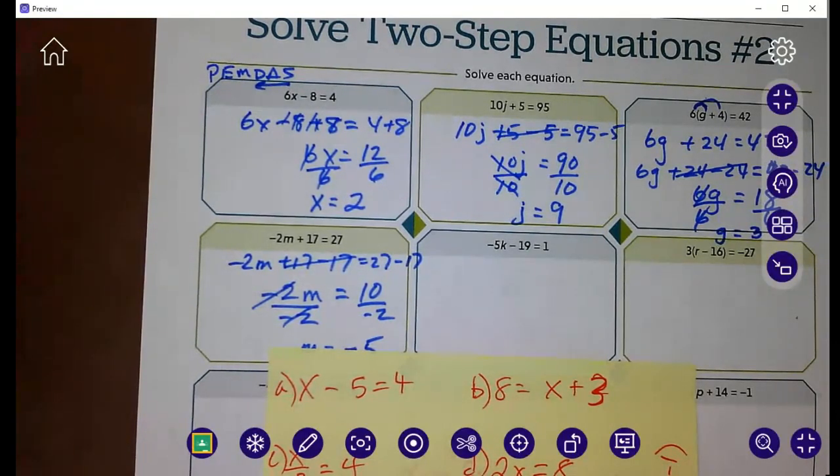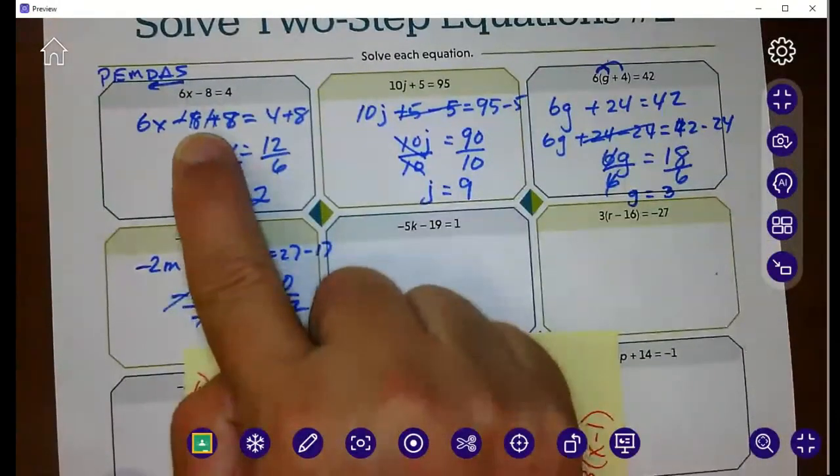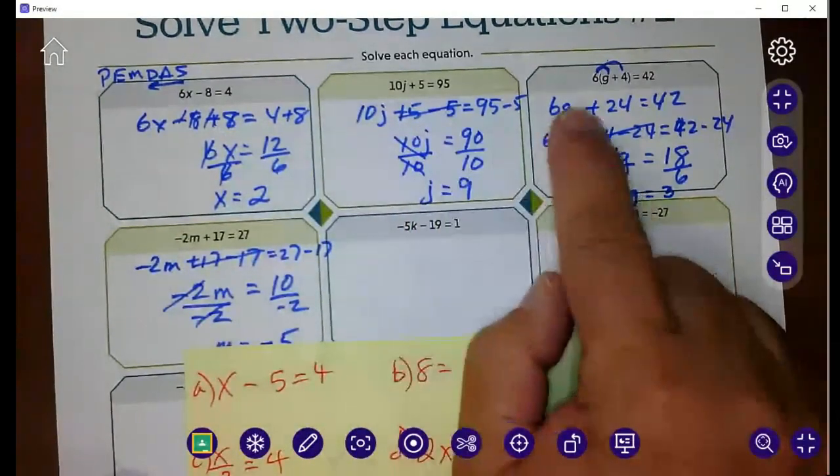Good. That's what I want to see, that you're catching on to this process. You're learning the steps, and hopefully you see that it's the same for every problem. The steps are exactly the same for every problem. If we look back here, we added or subtracted something.